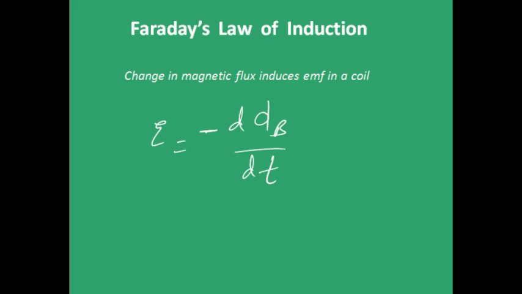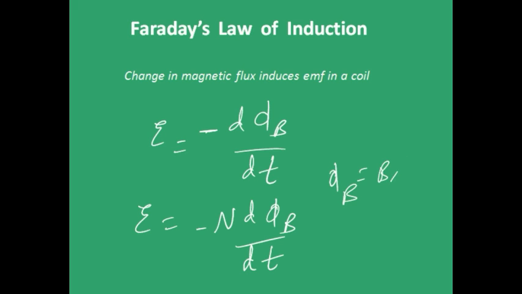Now, if you have a closely wound coil of n turns, then the EMF will be n times the same thing. Okay. So you have to vary the flux. You know that flux is BA cos theta.